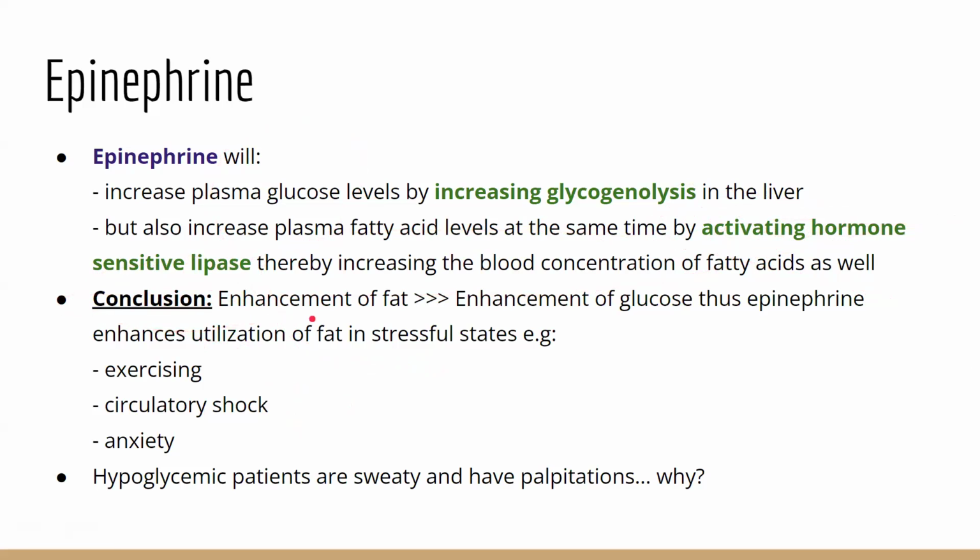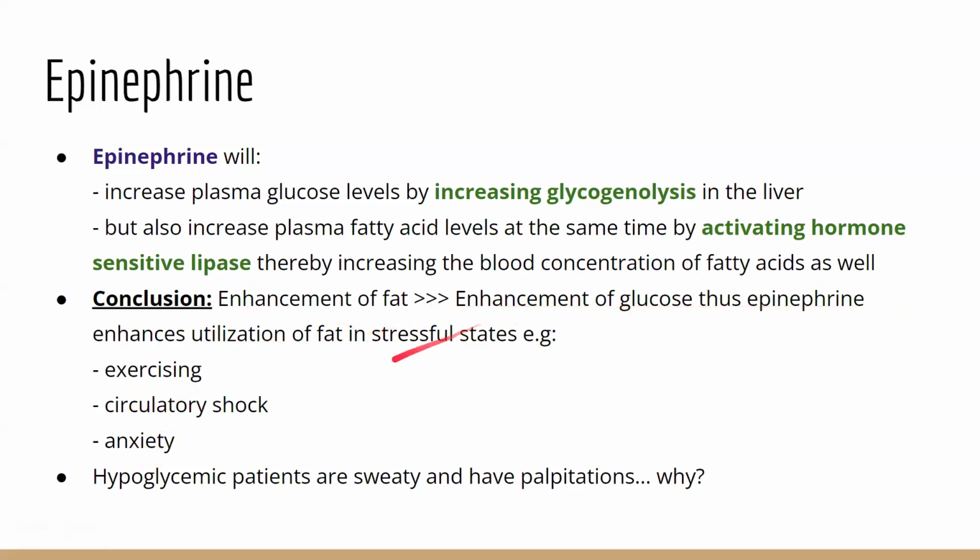Conclusion: utilization of fat and enhancement of fat is greater with epinephrine than enhancement of glucose. Thus, epinephrine enhances utilization of fat in stressful states. For example, when exercising, when you have a circulatory shock or anxiety, you use up fats more than glucose.